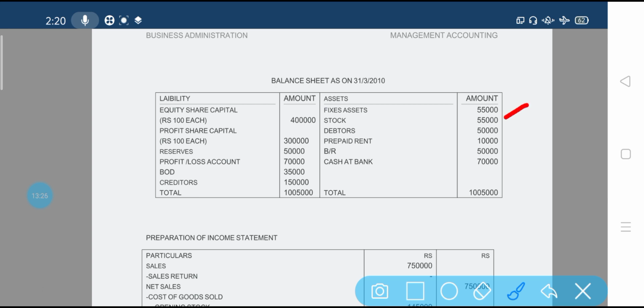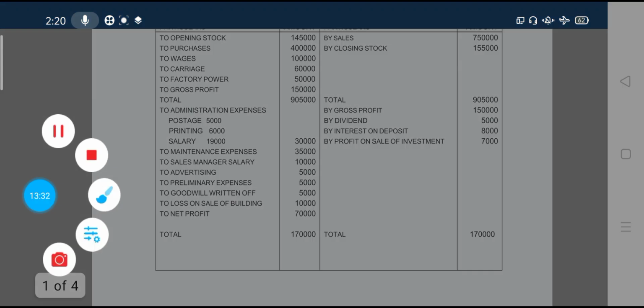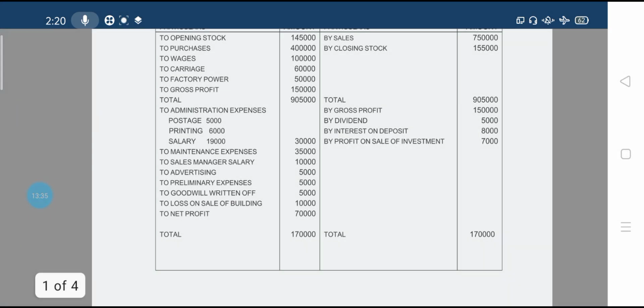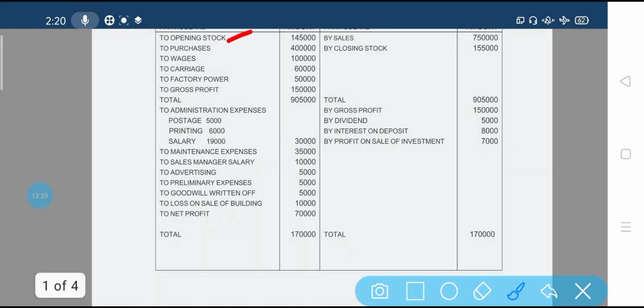Closing stock 55,000. Opening stock 1,45,000. 1,45,000 plus 55,000.